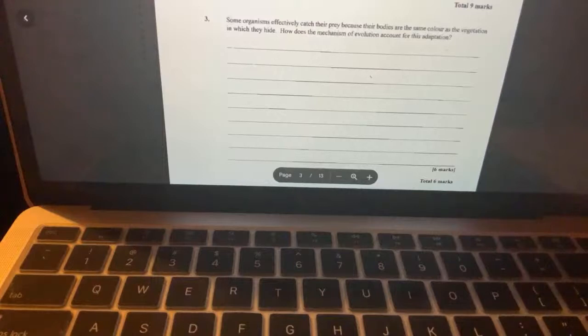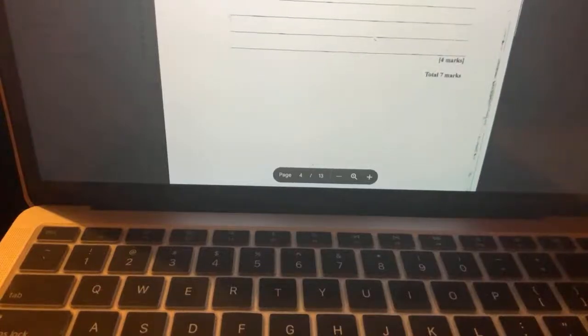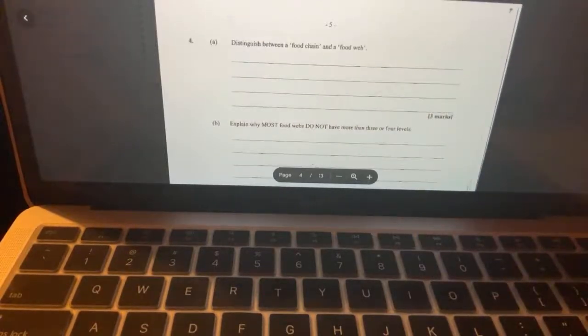Let's go through as many questions as possible. All right, number 4, guys. By the way, ensure that you are graphically inclined, because the paper graph is a must.